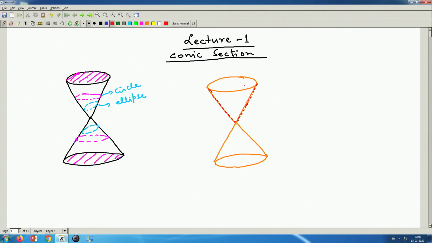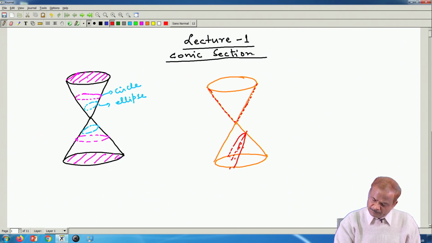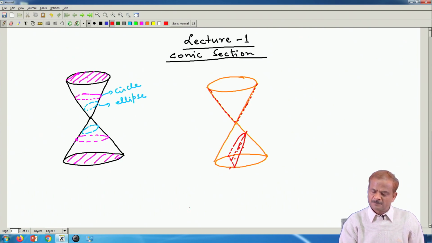So, if you take any plane which is parallel to this generator, say I pass a plane like this, it will cut in this place and this place, and these two lines are parallel to each other. So, you can see that the conic section which gets generated here, we call the parabola.